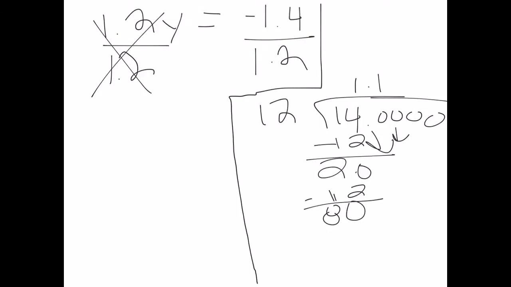And 80 divided by 12 is 6. 12 times 6 is 72. Subtract that, and you get 8. Bring down a 0, you get 80. 6 times 12 is 72. Now you can see an ongoing pattern occurring here.